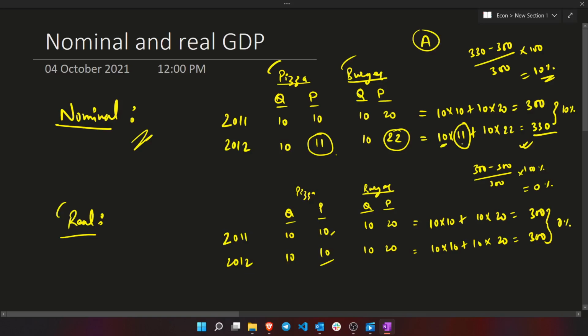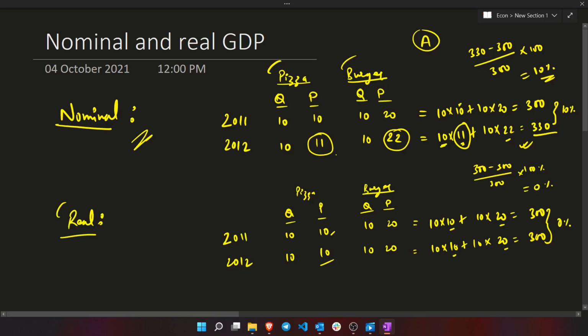The prices were changing. So if you see, in this year it is 10, it is 11, so there was an upward pressure. Same thing for the burger as well. Whereas in terms of real GDP it was constant, so there is no effect of prices when you're measuring the GDP. So the prices have been neglected, or it's not basically required.